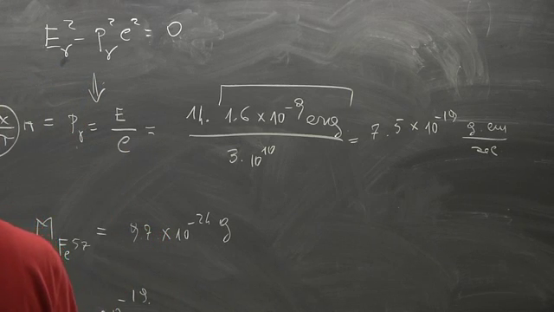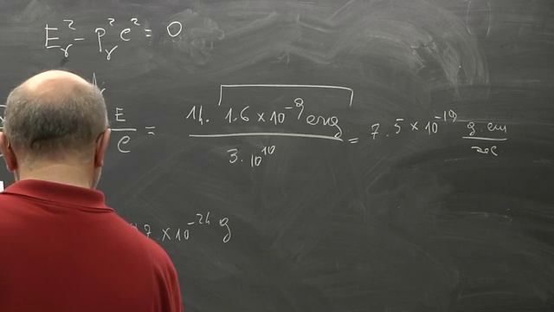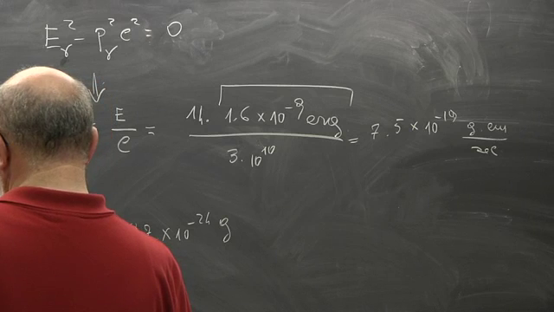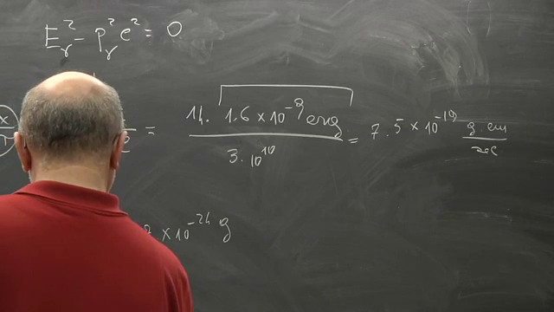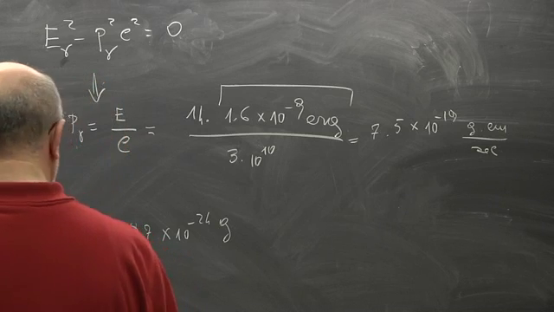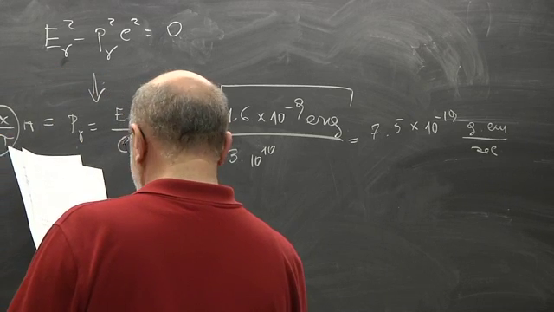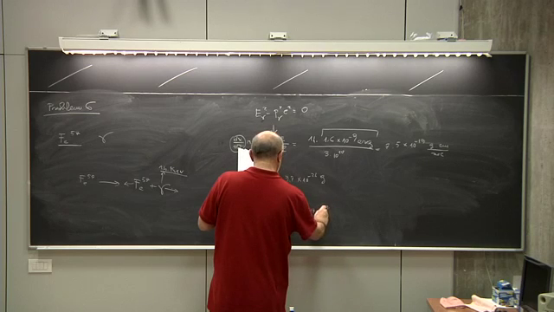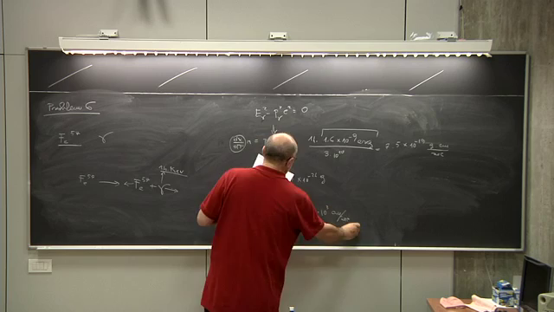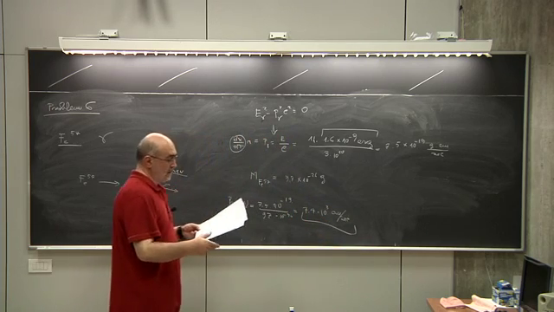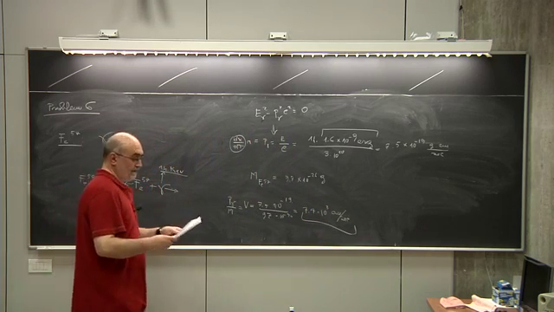So this is p over m, the velocity, divided by 9.7 times 10 to the minus 24, and I get 7.7 times 10 to the 3 centimeter per second. And this is not a relativistic velocity. Relativistic velocities are of the order of 10 to the 10.